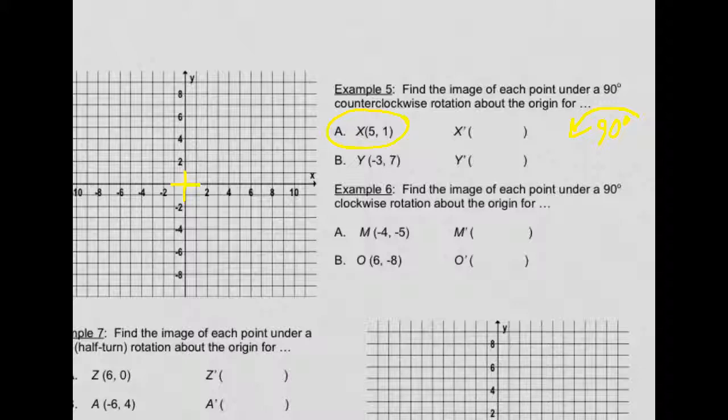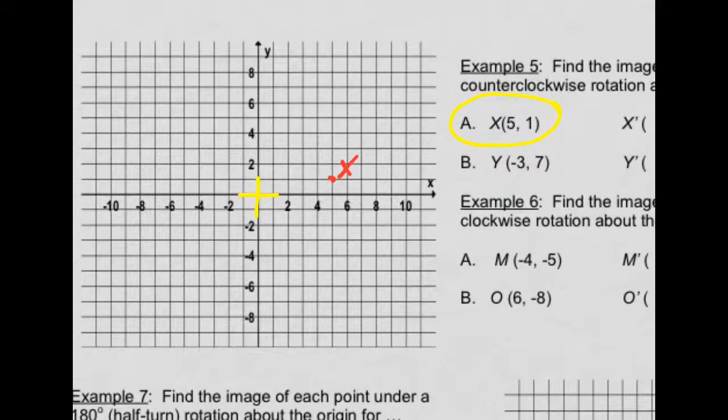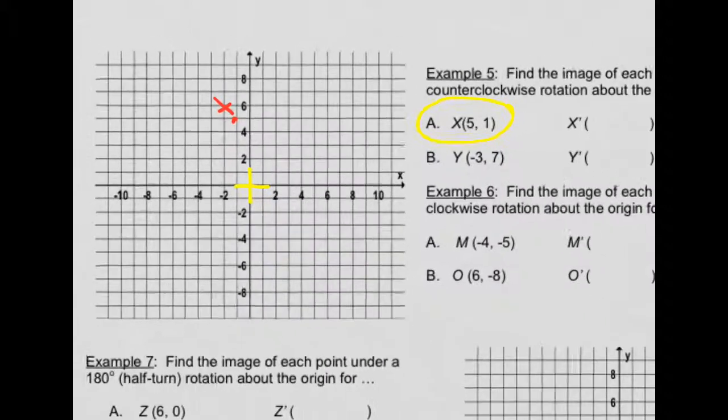So we're going to start with x at 5, 1. That's my x. We're rotating it counterclockwise. And so we have it at negative 1, 5.